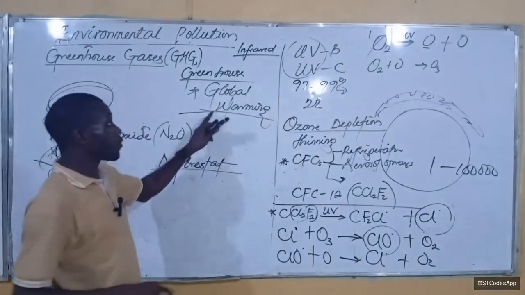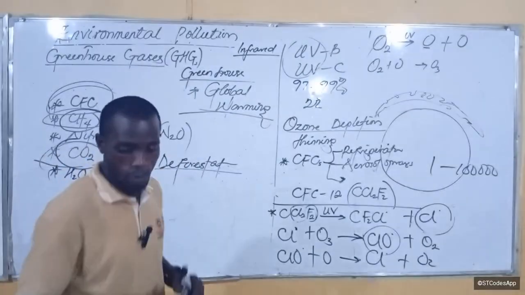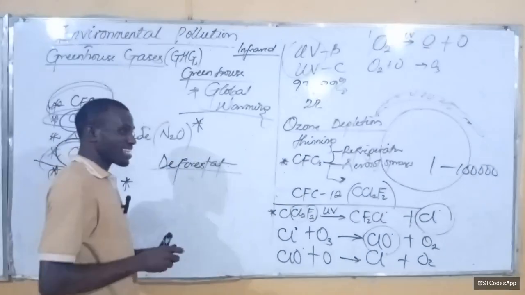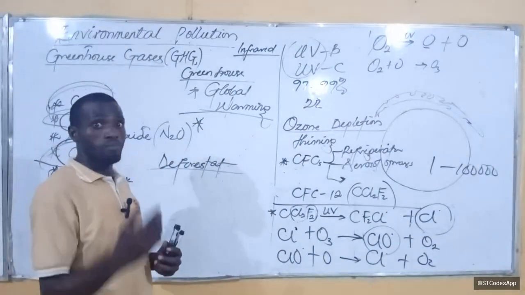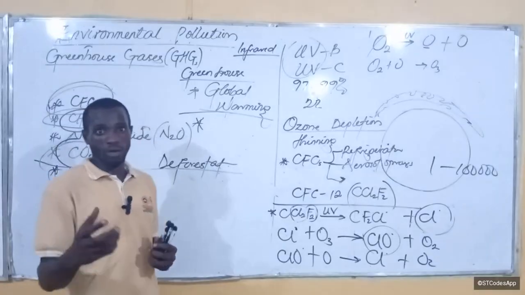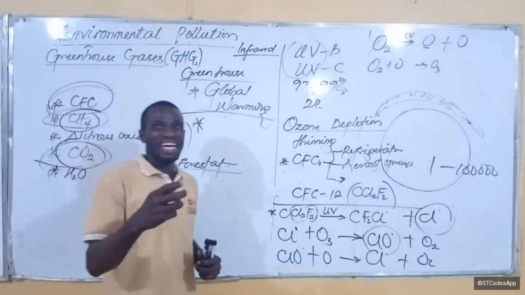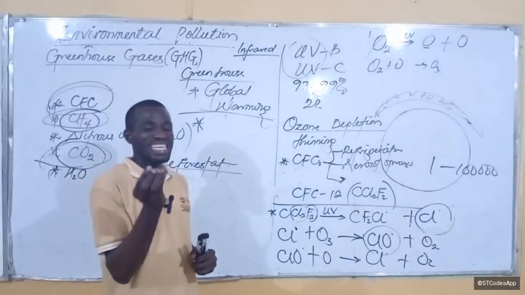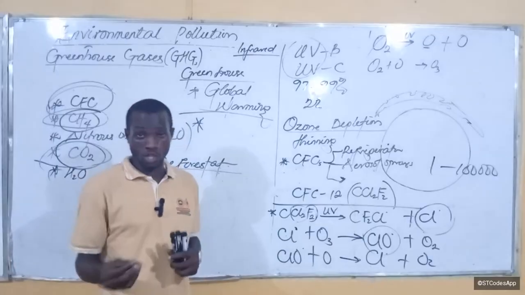And when there is global warming, what are the effects of that global warming? The ground will become more heated up, and because it has heated up, there are some heat sensitive nutrients in the soil.